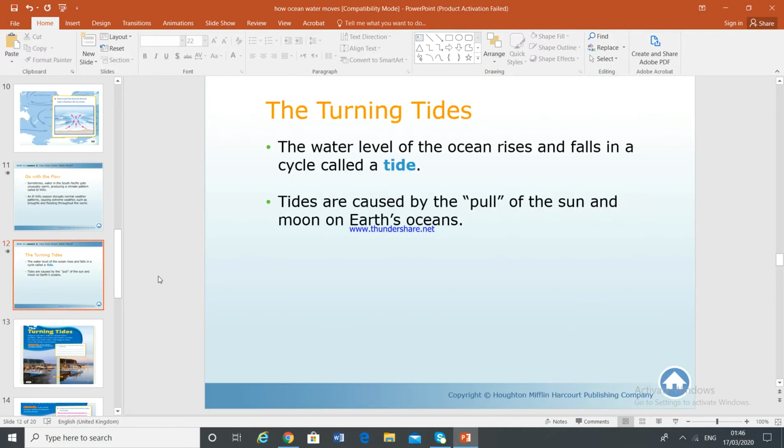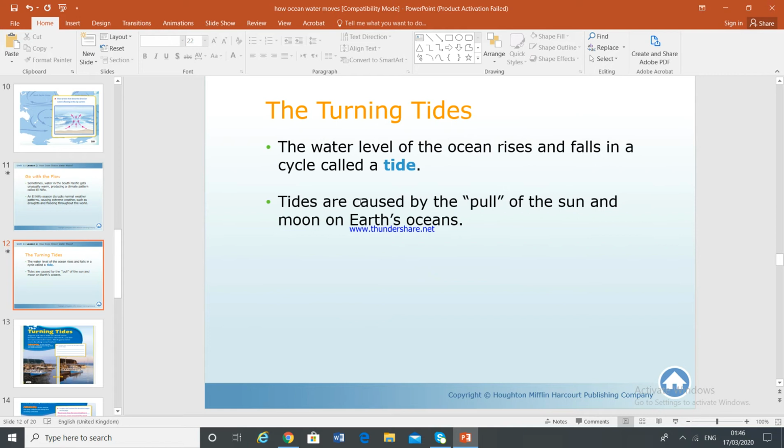Okay. Now, the water level of the ocean rises and falls in a cycle which is called tides. Tides are caused by the pull of the sun and moon on the Earth's ocean. Okay, it's actually a miracle. These tides are not caused by themselves, just by the wind.